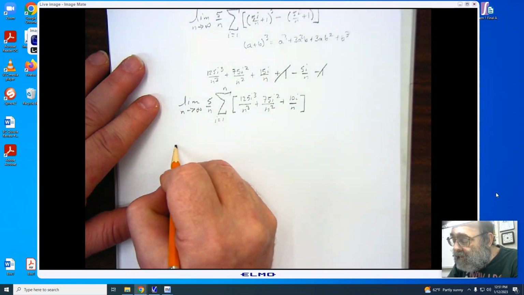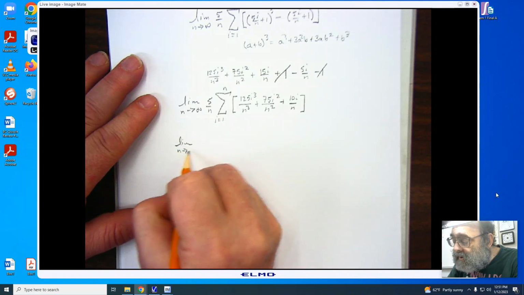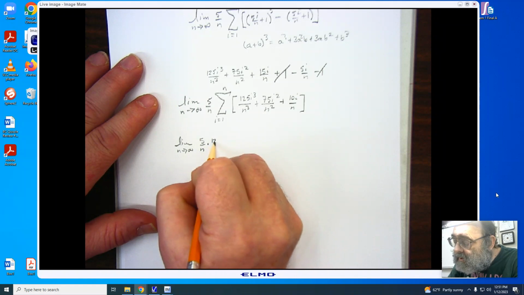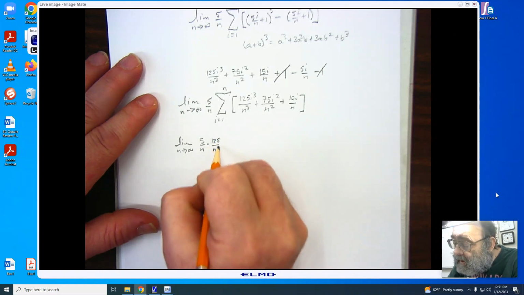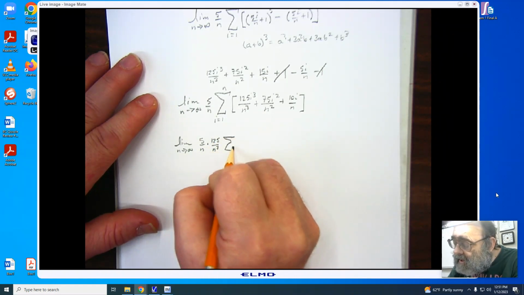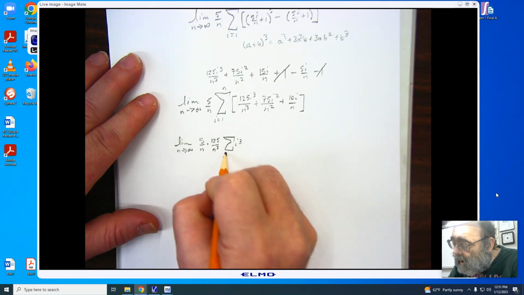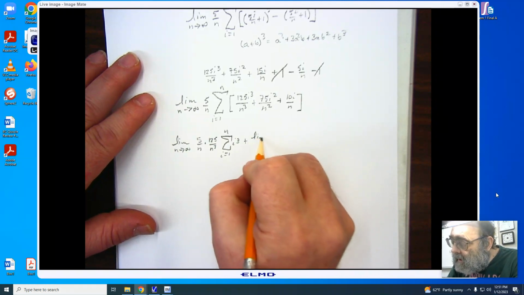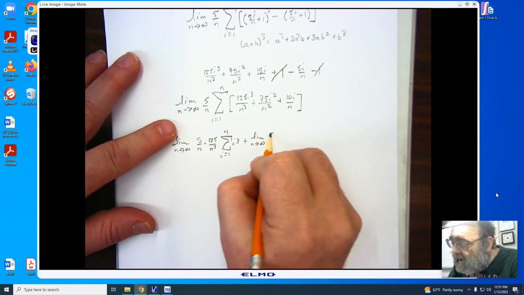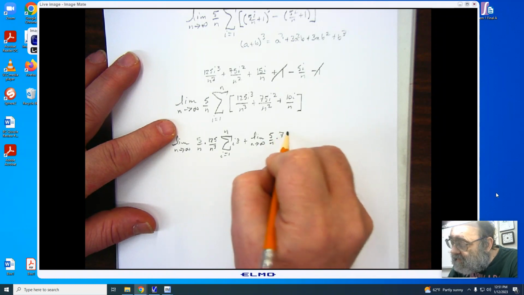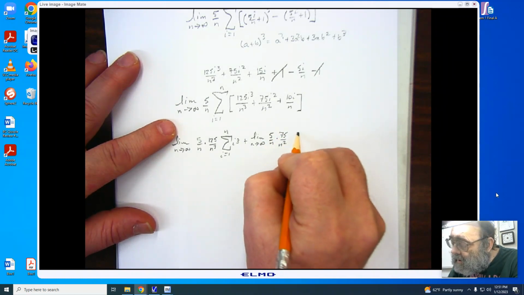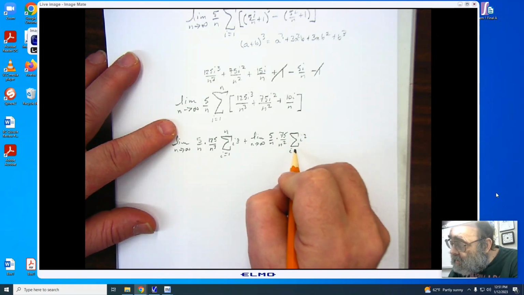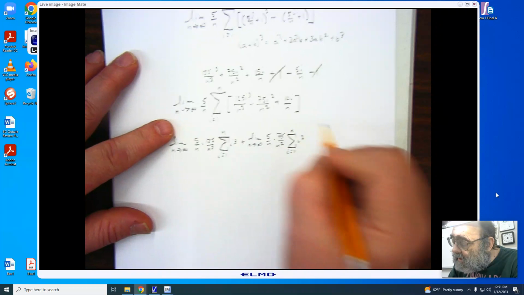So we have the limit as n approaches infinity, and I'm now looking at 5 over n times 125 over n cubed times the summation of i cubed, i goes from 1 to n, plus the limit as n approaches infinity for 5 over n times 75 over n squared times the summation of i squared as i moves from 1 to n.